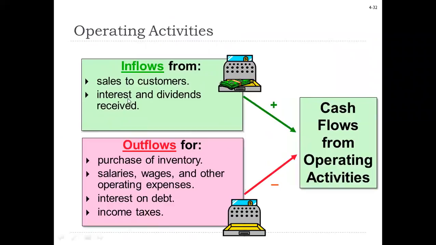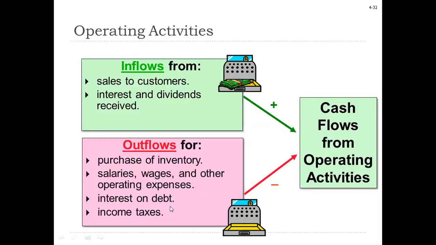Interest and dividends are also included in operating activities. Inflows are money coming in. Outflows are money going out for normal day-to-day things like buying inventory, paying salaries and wages, and other operating expenses. And again, interest is included in this section as well as income taxes.